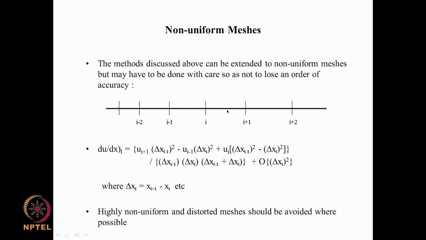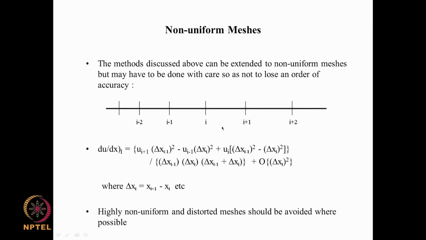Now if you have uniform grid spacing, when you add this expansion and this expansion, this term will cancel out for the first derivative, when we are deriving the central difference formula. But in this particular case, because delta xi is different from delta x i minus 1, they do not cancel out. So in order to derive a proper formula, we have to multiply one expansion by delta x i minus 1 and the other by delta xi, and then do further algebra to cancel out those second derivative terms in order to derive a second order approximation.